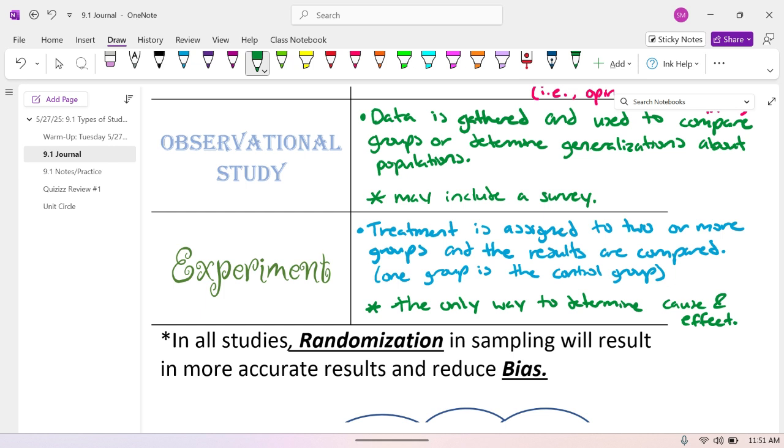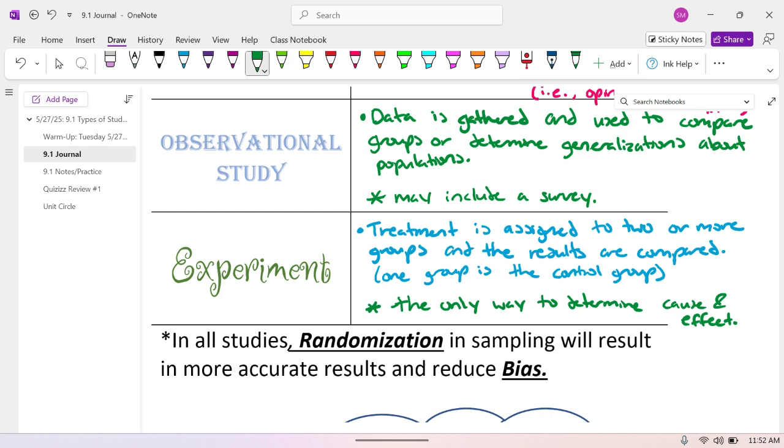So they do these studies where you get volunteers of certain parameters, meaning they have certain types of conditions, basically what they're looking for, and then they see if they can treat it. So for example, blood pressure medicine: they would bring in people that had hypertension or high blood pressure, and they would test to see if their medicine would lower it.